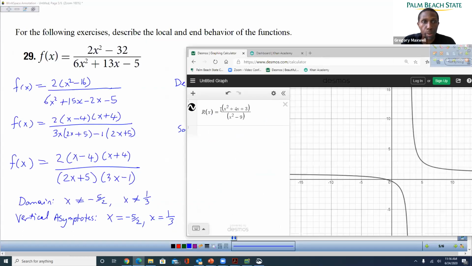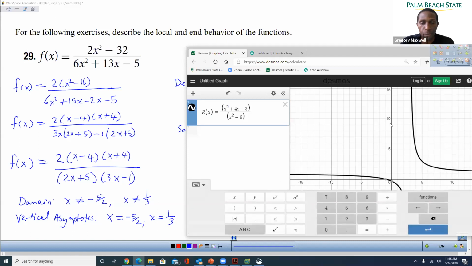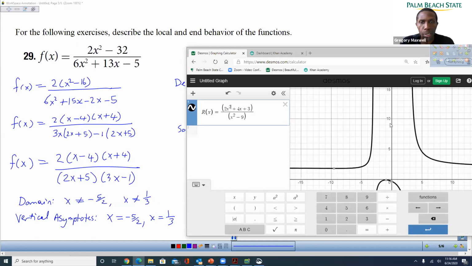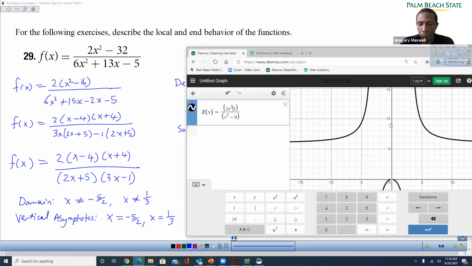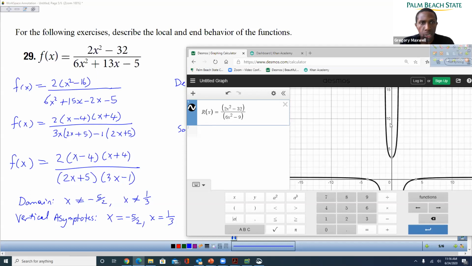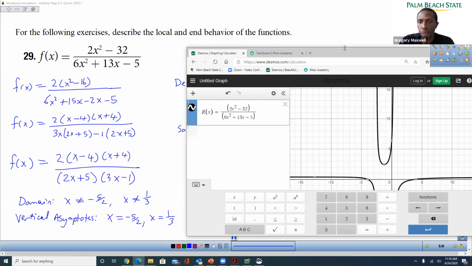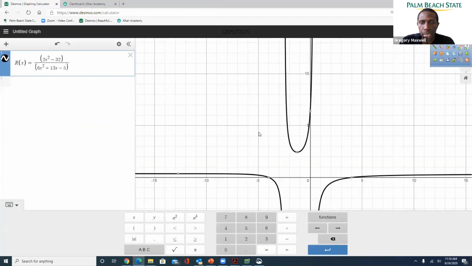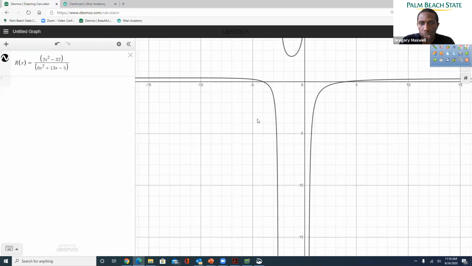You go into GeoGebra, you sketch a graph: 2x squared minus 32 over 6x squared plus 13x minus 5. And then when you look at the graph, you see here that as x goes toward -5/2 from the left-hand side, the graph keeps dropping.